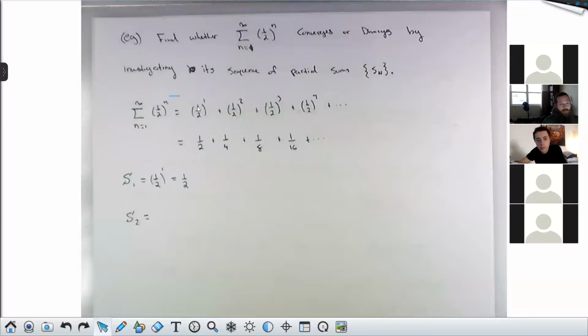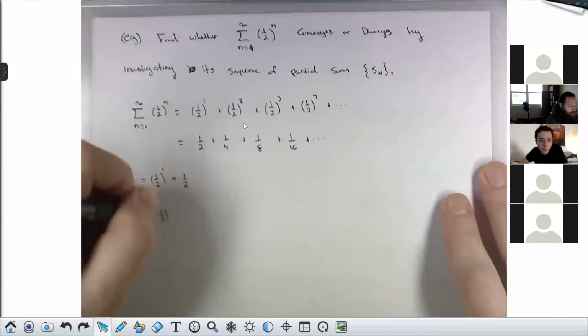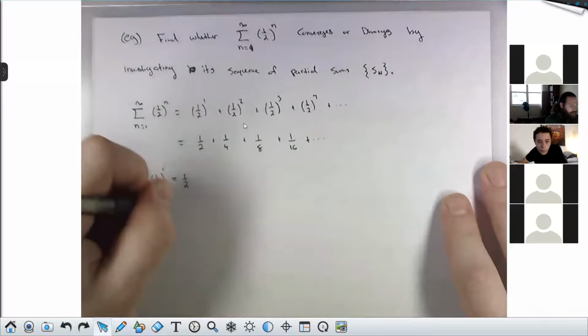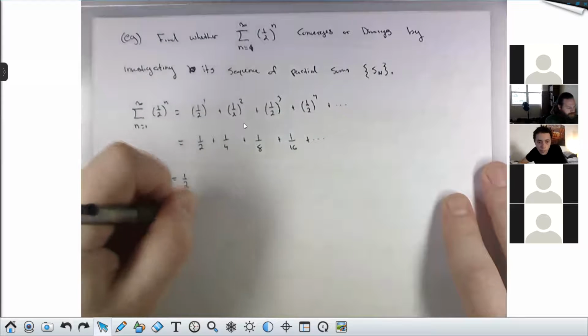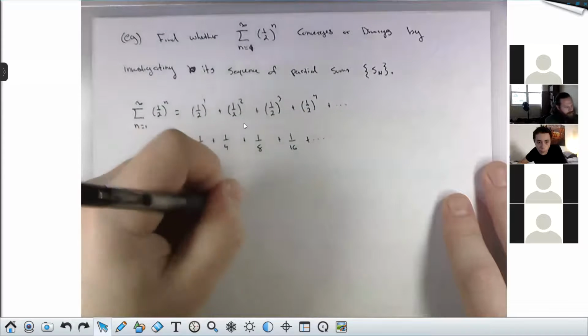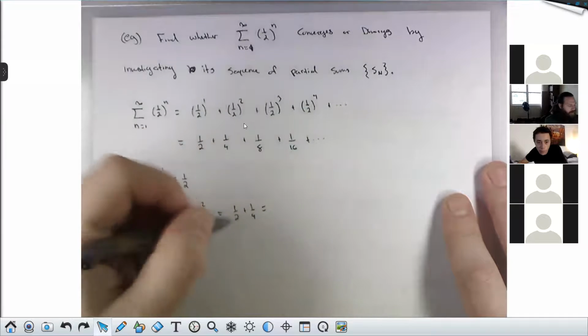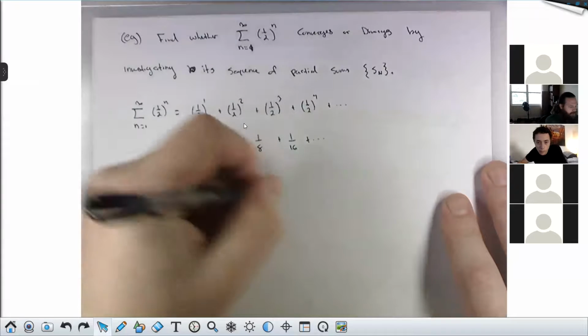S2 is the sum of length 2. So it's 1/4 plus 1/2. Yeah, it's the first two terms of the sum. 1/2 to the 1 plus 1/2 to the 2, or 1/2 plus 1/4, which is what? 1/2 is 2/4, so this is 3/4.